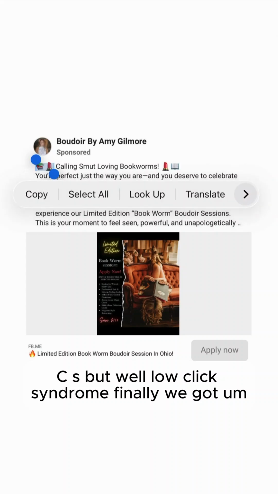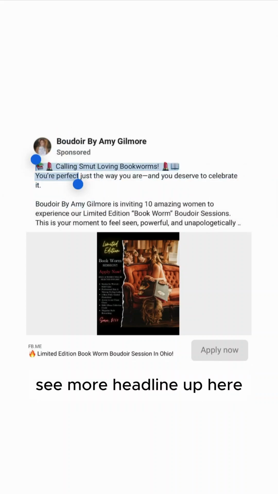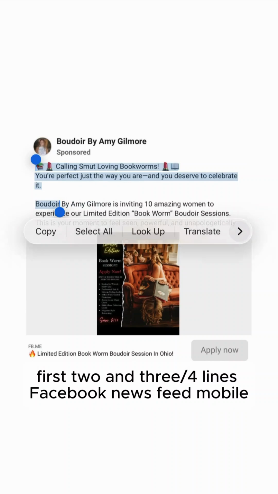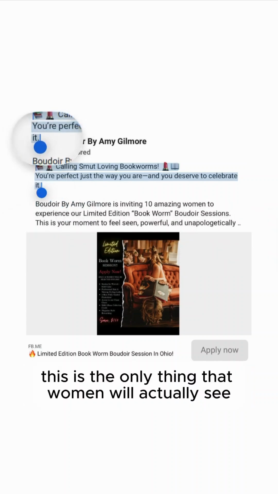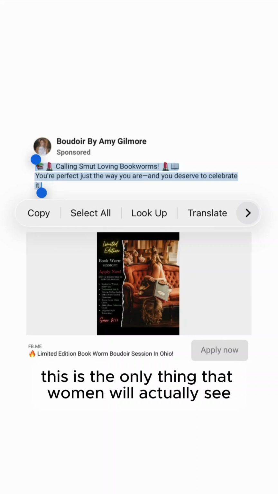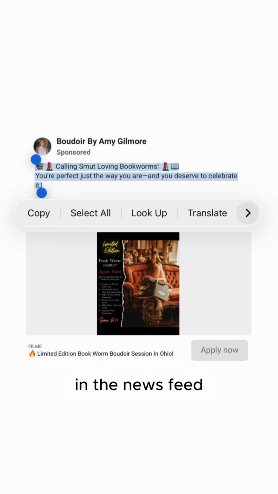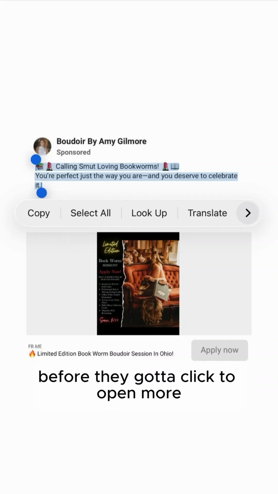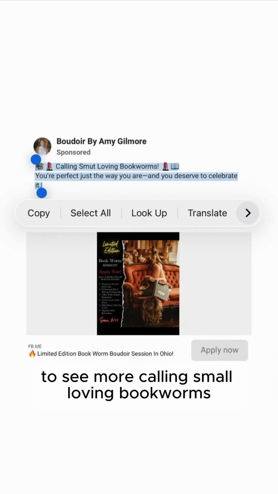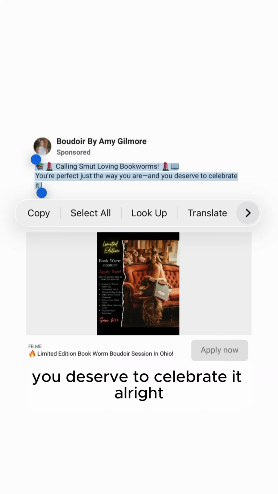Finally, we've got the see more headline up here. The first 2 3/4 lines on the Facebook newsfeed mobile is the only thing that women will actually see in the newsfeed before they have to click to open more to see more. It says: calling small 11 bookworms, just deserve to celebrate. All right, so small amounts of context here, but this is the lack of context mistake.